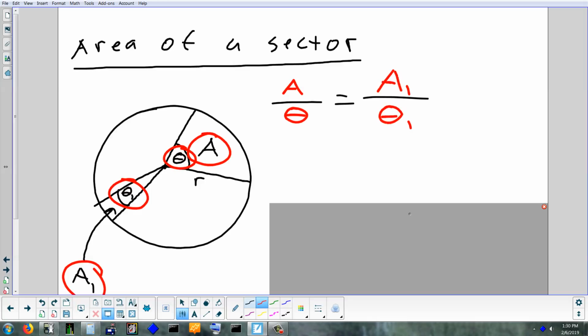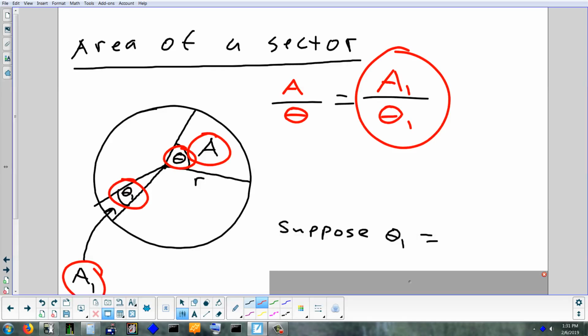Right, so there's your proportion, because these are directly proportional. Now the problem is you don't have any numbers in that proportion. We've got to get that 1 foot 12 inches, that starting fact. So we've got to have something to fill in right there, otherwise we can't use it. So we're going to suppose again that theta 1 equals something.